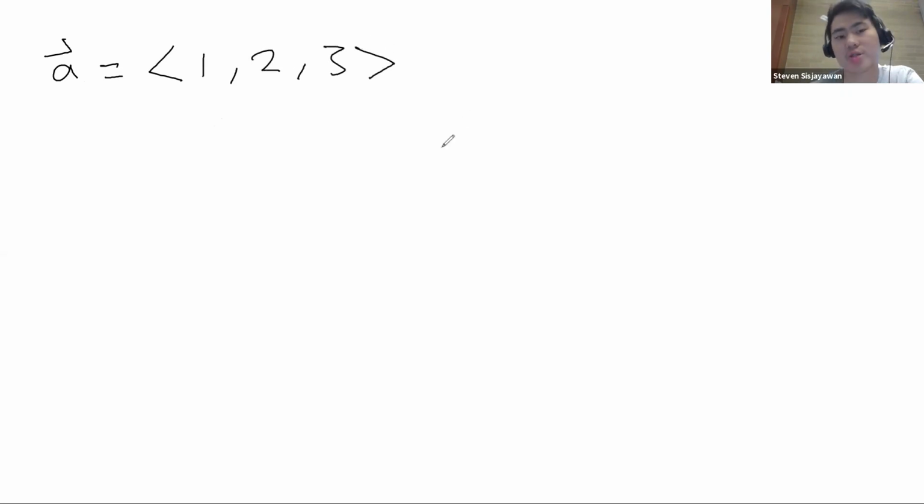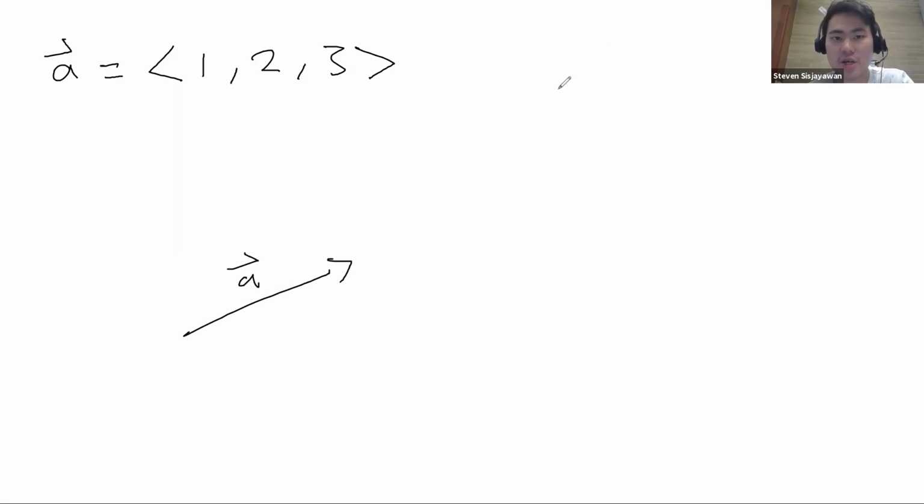So we have this vector right here, vector A. Normalizing a vector basically is taking this vector A and making it a unit vector of length 1 with the same exact direction of A.